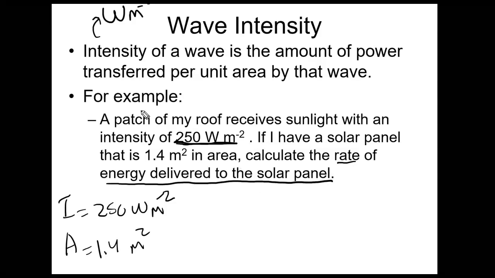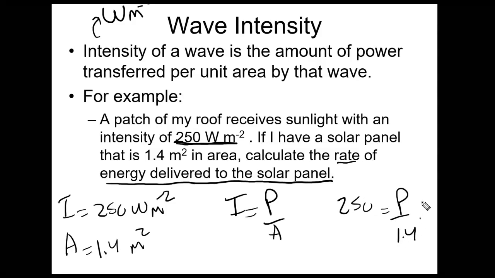Based off of the units, watts per square meter, intensity is basically power per unit area. So if I know the intensity is 250 and I'm looking for the power, all I would do is multiply. I would just stick that into my calculator.